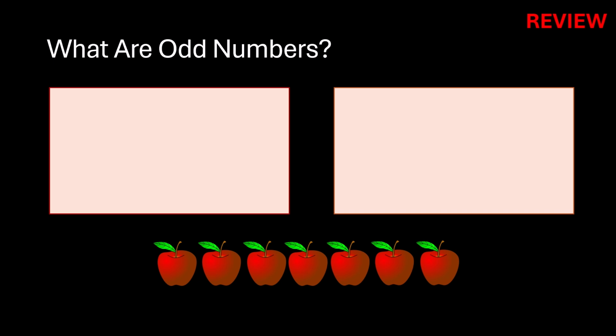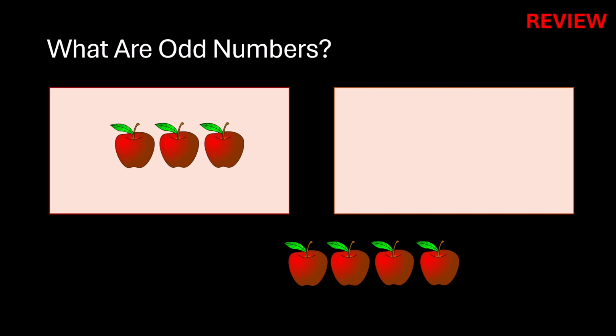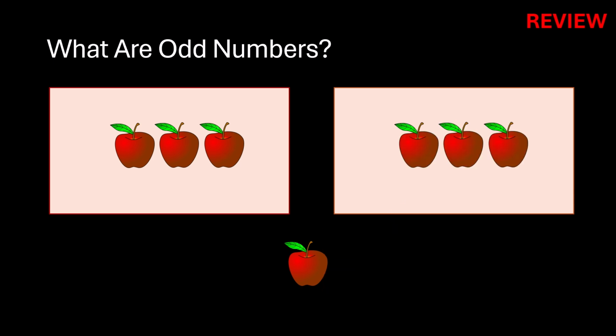Let's now try to divide the 7 apples. We can put 3 apples in one box and 3 apples in the other box, and we have 1 apple left over. Therefore, since 1 apple is left over, or there's 1 remainder, we know that 7 is an odd number.